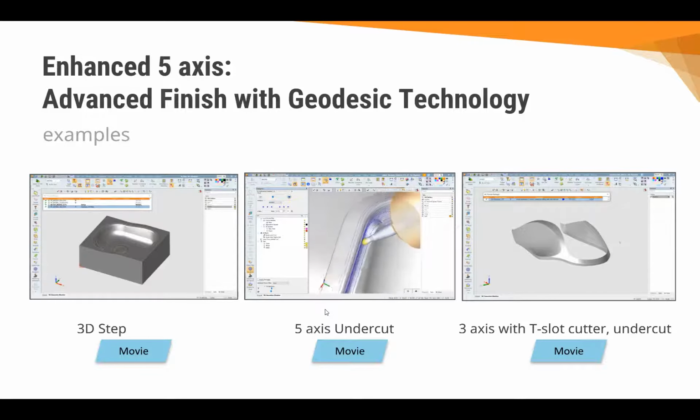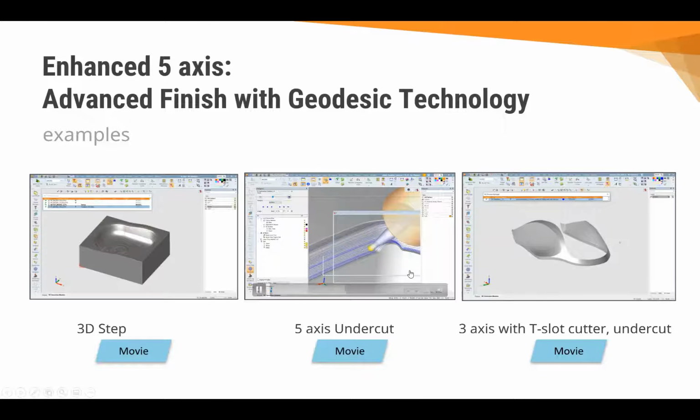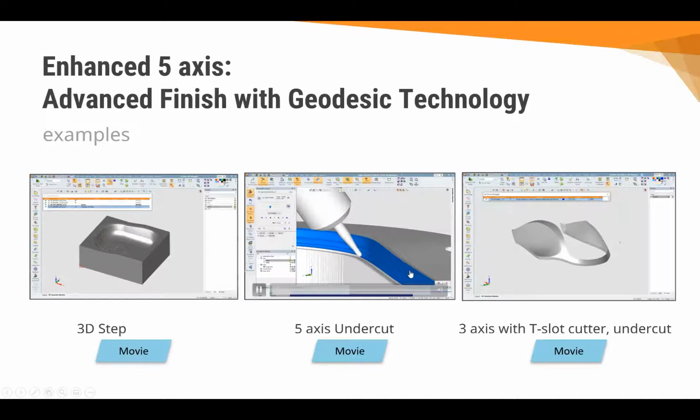You can see the directional undercut here. You can see how the operation is following around the geometry here. So again, really effective for getting into those hard to reach areas.